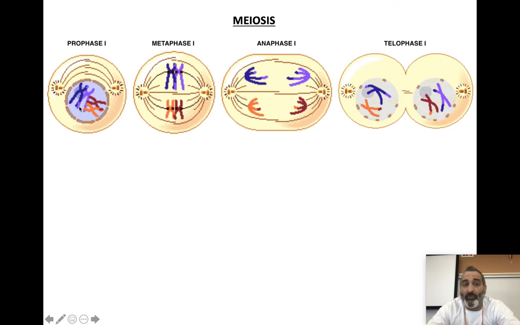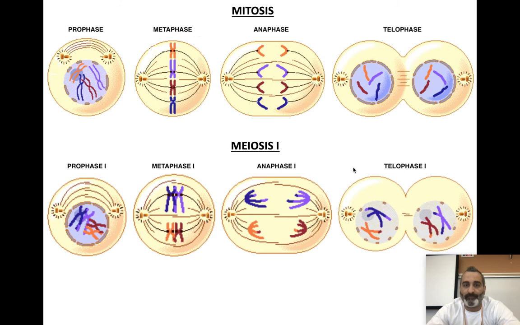You have crossing over taking place for more genetic recombination. You have tetrads in metaphase 1. And then you have chromosomes getting pulled apart. And now you have new resulting cells with half the original number. And now the cells are haploid after part 1. Part 2, identical to mitosis, except instead of starting with 4 chromosomes, it only starts with 2 chromosomes, and it's exactly like mitosis. So here they are.